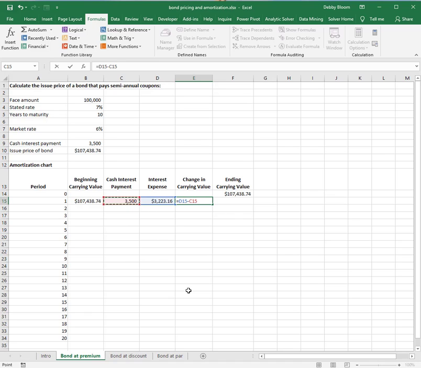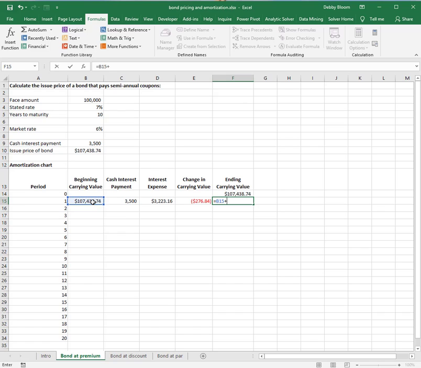So notice the carrying value is now going to decrease by $276.84.